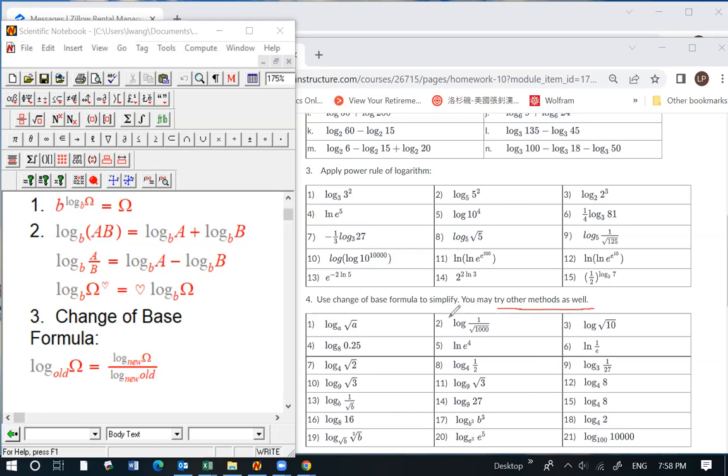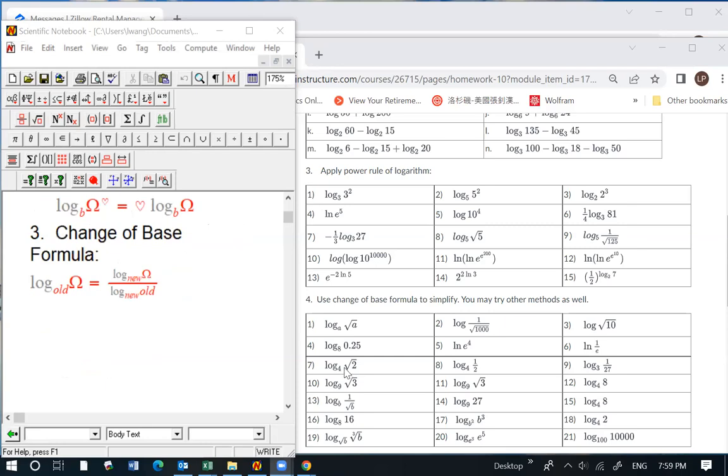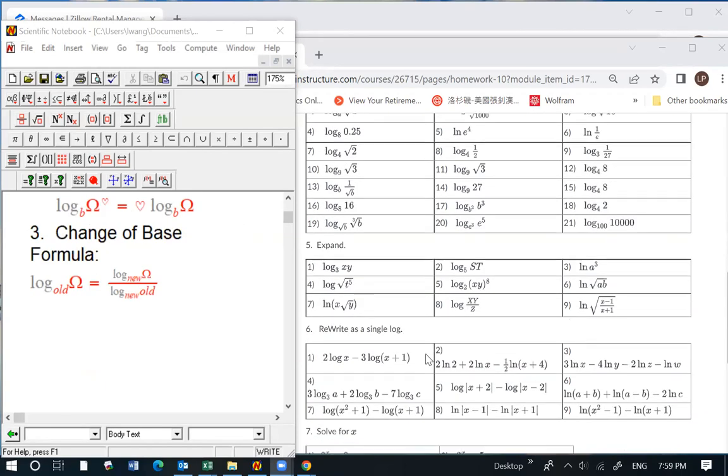So don't get stuck using just one method. Think of using that method from left to right or right to left, because left is the same as right, and right is the same as left. So you can use left to right, right to left. Okay, that's number 4.